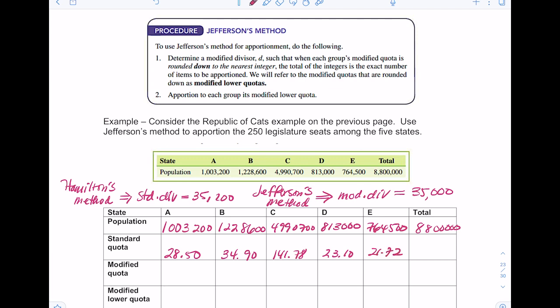Okay, so for the modified, since we're dealing with Jefferson's, now we're going to be taking our population and dividing by 35,000, the modified divisor. So here you divide it by 35,200. Here you're going to divide the population by 35,000. Okay, so you should get this.